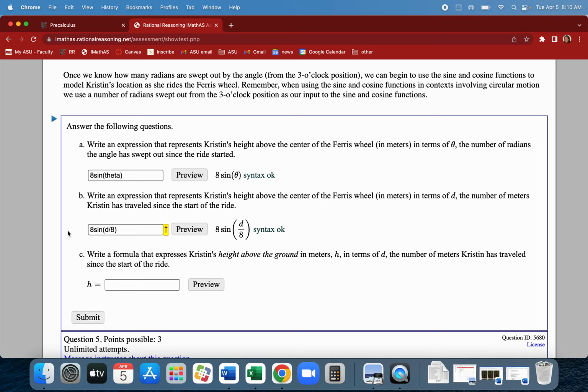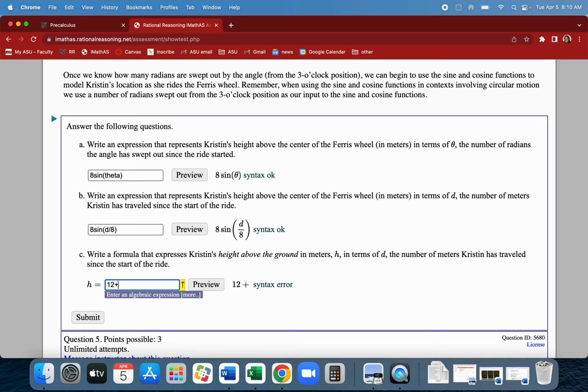But if I want to talk about her height above the ground, that's where the plus 12 is going to come in, because the ground is 12 feet below the center of the circle, or the center of the circle is 12 feet above the ground, or her height above the ground is going to be 12 more than, and you can put it at the beginning or the end, 12 more than what her height relative to the center of the circle is.